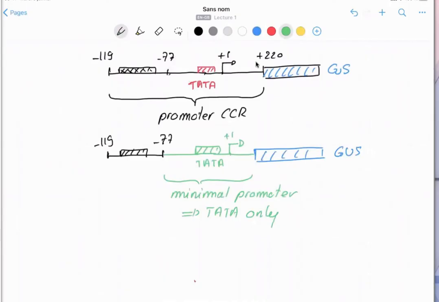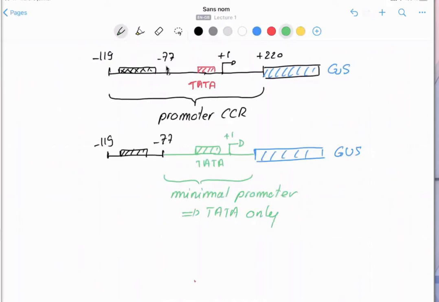Exactly, you're right. So I was going to ask you, why do we swap the promoter, the minimal promoter? What you have to keep in mind, so the deletion analysis give us the information that this sequence is necessary for driving the expression, but we didn't answer if it was sufficient, because we don't know in that context if around this place, so coming from the promoter of CCR, there are other elements.